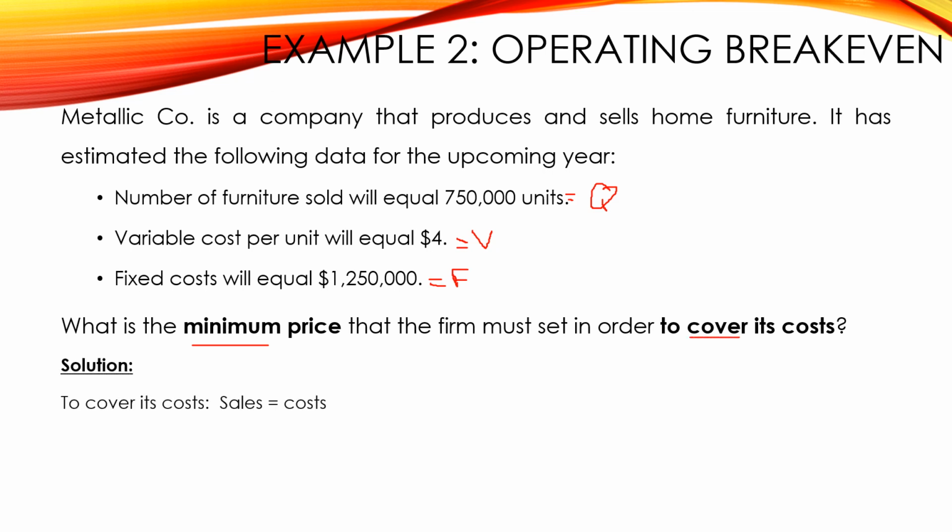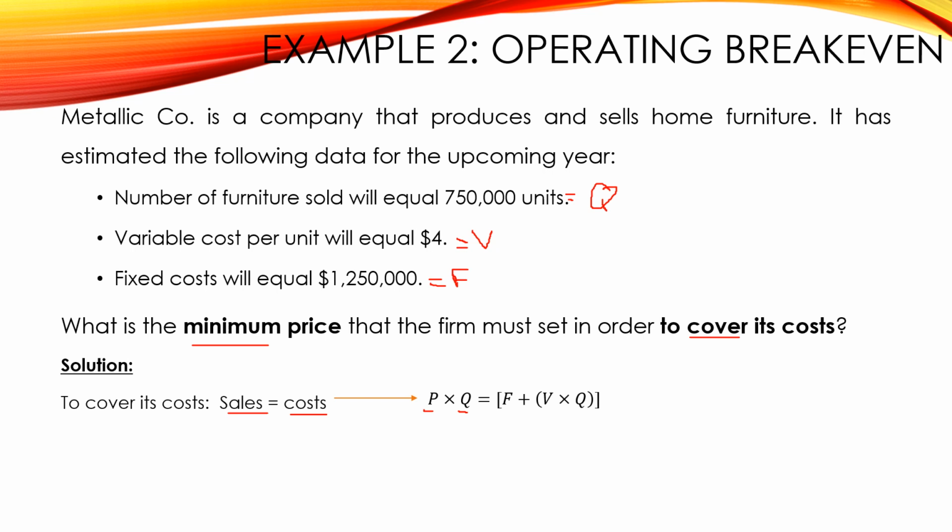As we all know, to cover our costs, the amount of sales must be equal to the amount of the costs. In this case, sales are equal to P times Q, the price of the product per unit, times the quantity sold. And the costs, as previously mentioned, we have two types of costs.